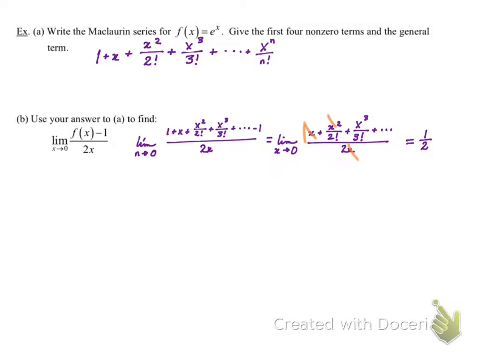One of those X's cancels with that X. There, that also cancels, but we're looking at the limit as X approaches 0. So all of those other X's are going to go away, and you're left with just this 1/2. So the limit of e to the X minus 1 over 2 to the X as X approaches 0 is 1/2.